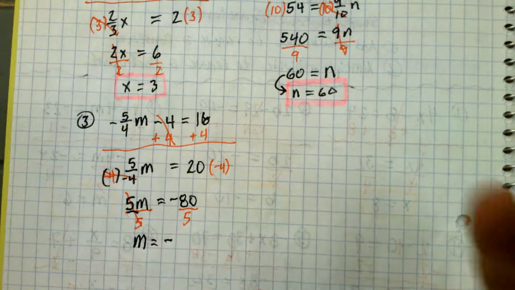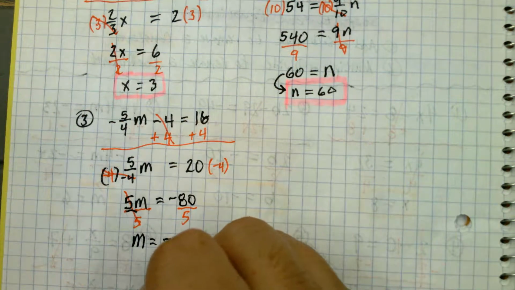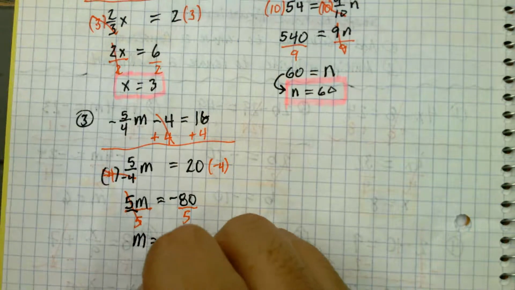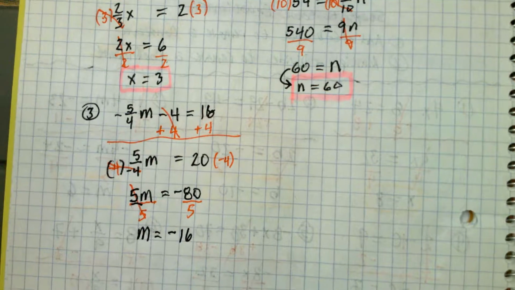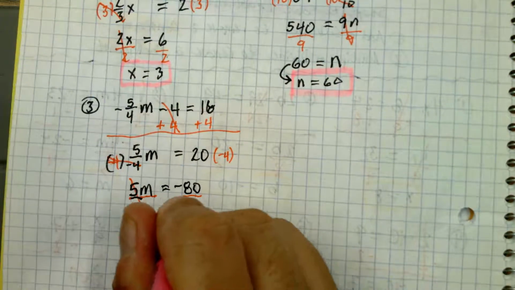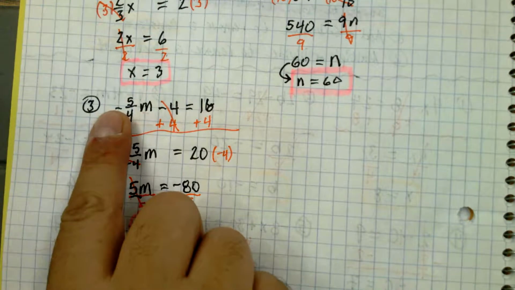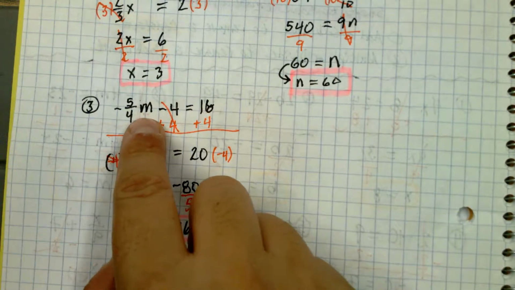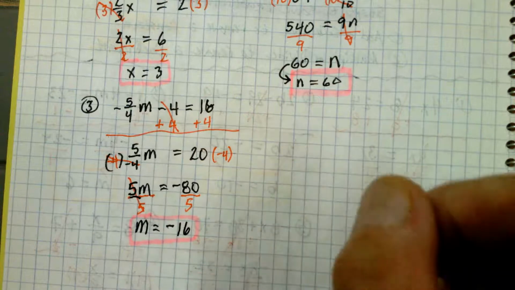Now the question is, how many 5s go into 80? I believe it's 16. Okay, there are calculators if we need to think it through. So now m is negative 16. And now we know negative 5/4 multiplied by negative 16, and then you take away 4, is positive 16.